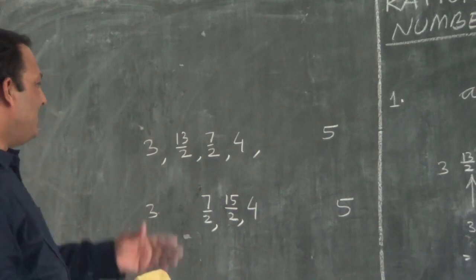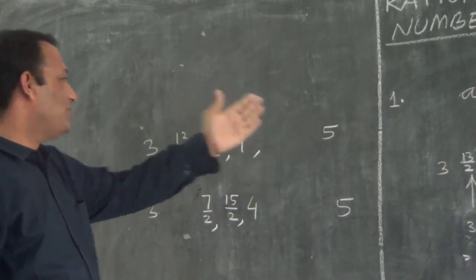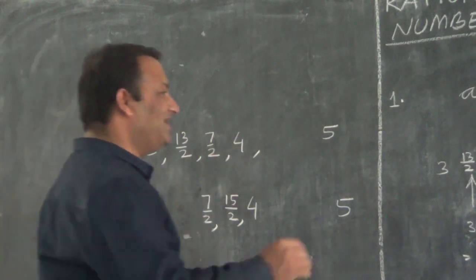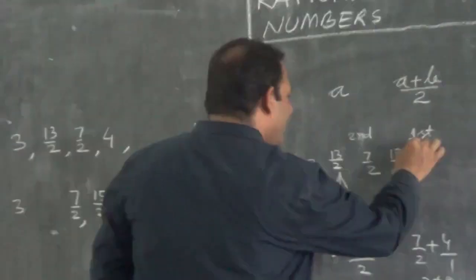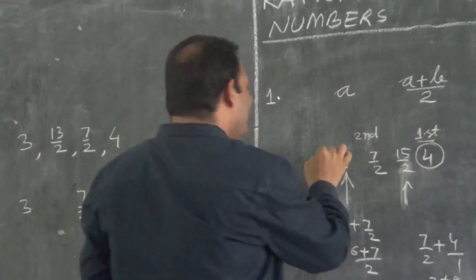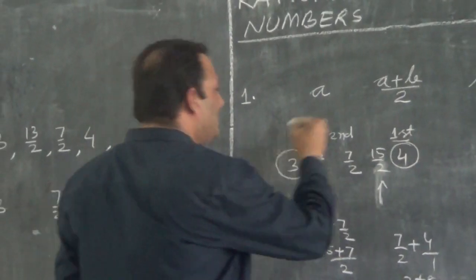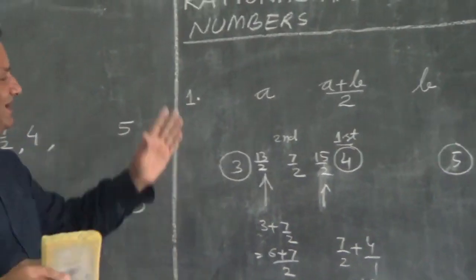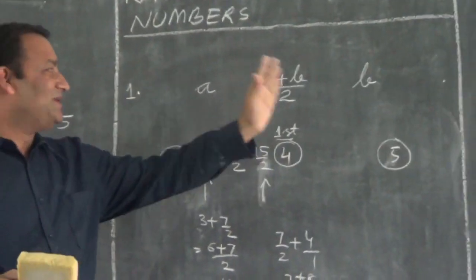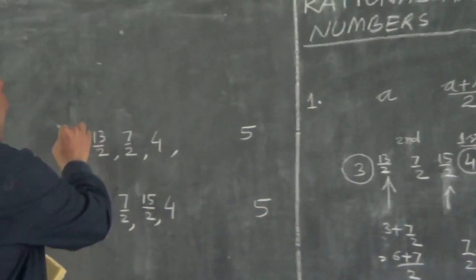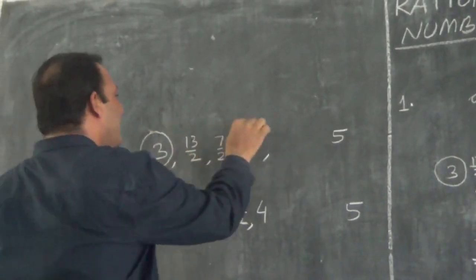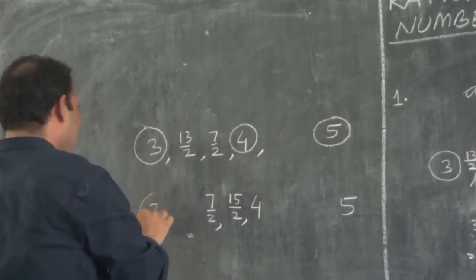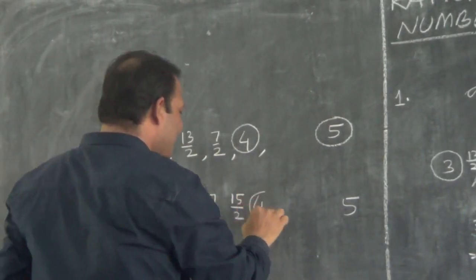If a child is writing 3, 5, 4, you see, the first number is unique. Because all the children will do 3 plus 4 divided by 2. So all the children will write 3, 4 and 5. And what is not unique, you see.